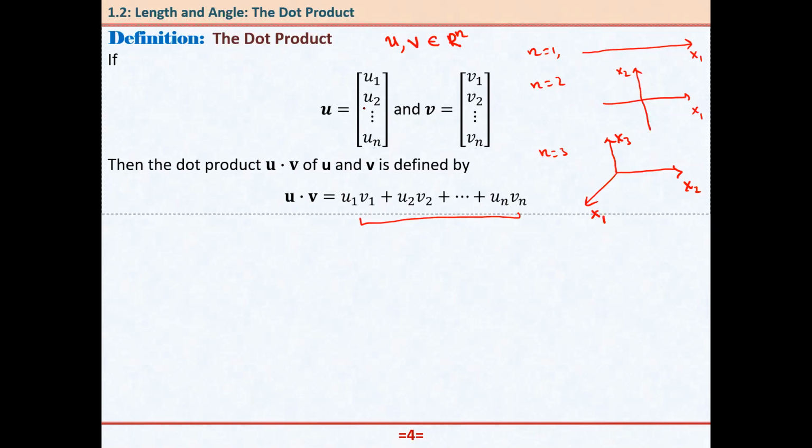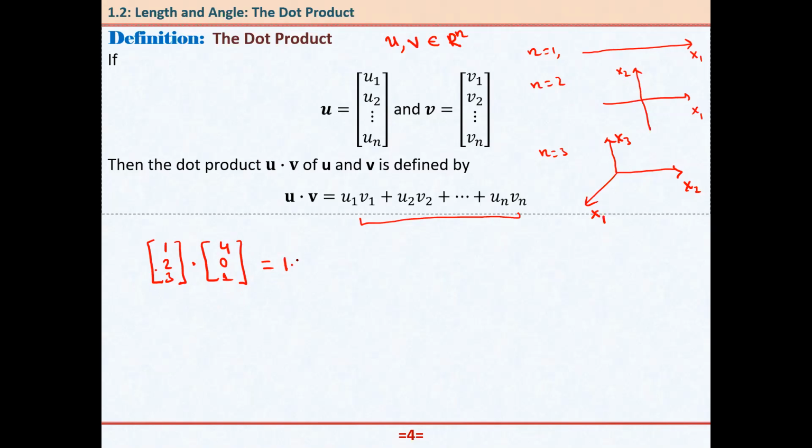That is the dot product. For example, if you're given two vectors, let's say the first vector is 1, 2, 3 and the second vector is 4, 0, 1. What is the dot product of these two vectors?